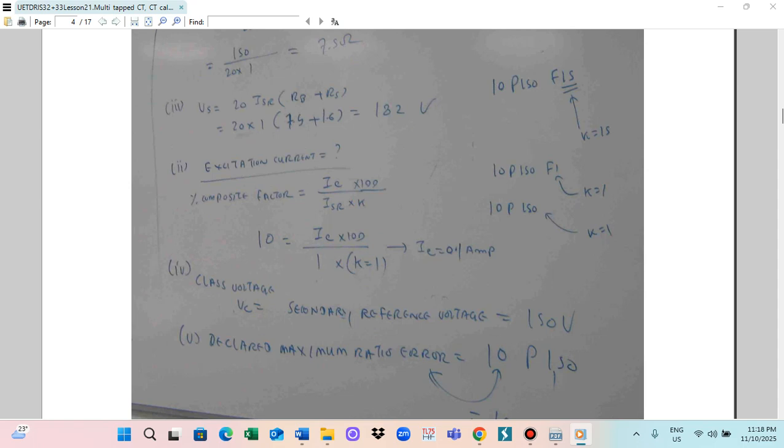ISR means the rated secondary current. This ISR is the rated secondary current. So this is the secondary winding, and RS is the secondary resistance. So secondary DC resistance.